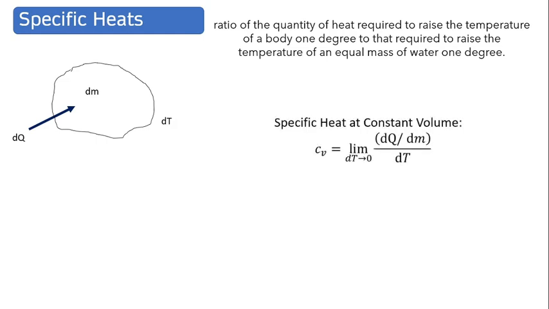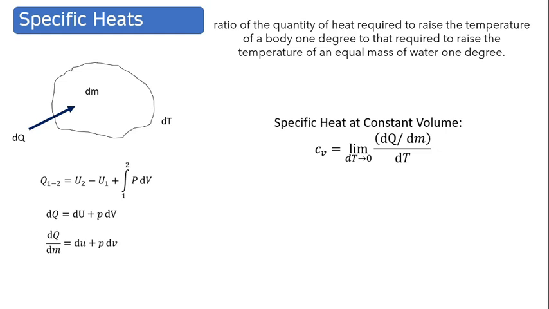So from the specific heat at constant volume, by definition we can write the equation of Cv like this, and from the first law of thermodynamics we can say that dq equals du plus pdv. If we divide the equation by unit mass, then we find that dq by dm equals d of small u plus p into d of small v.